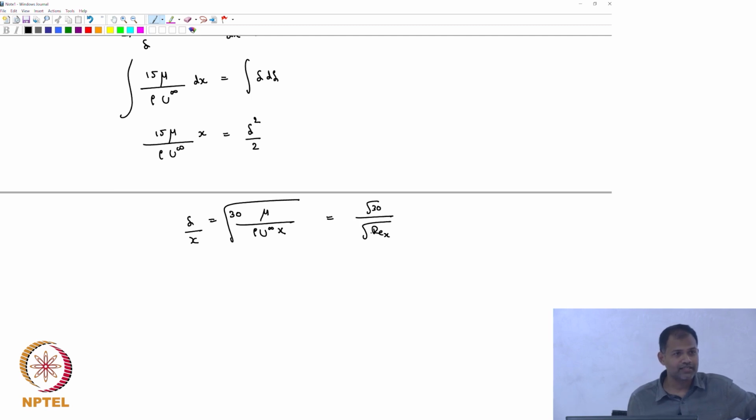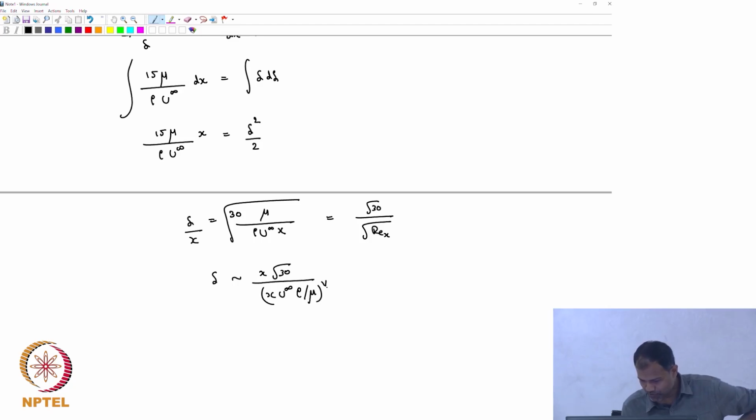Is this right? So we have delta going as x root 30 divided by x u infinity rho by mu to the power of half, and that gives us x to the power of half.